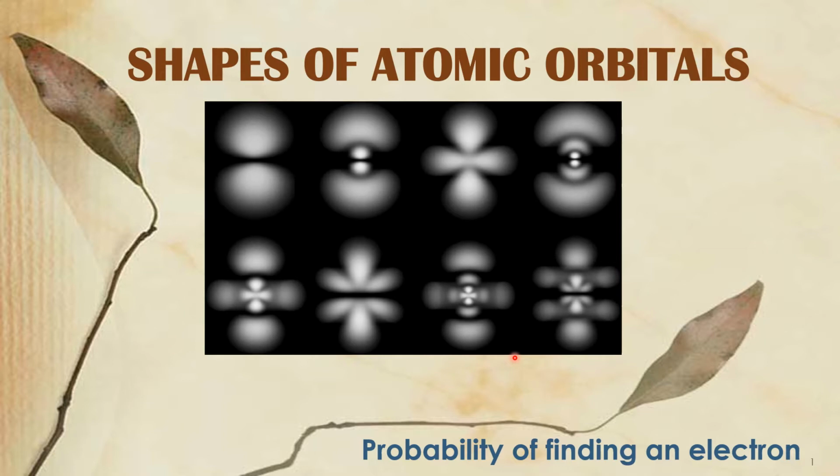After knowing these concepts, today we will discuss the shapes of atomic orbitals. So today's topic of discussion is atomic orbital shapes. Nothing but the probability of finding an electron in this area or region is known as the shape of atomic orbitals.